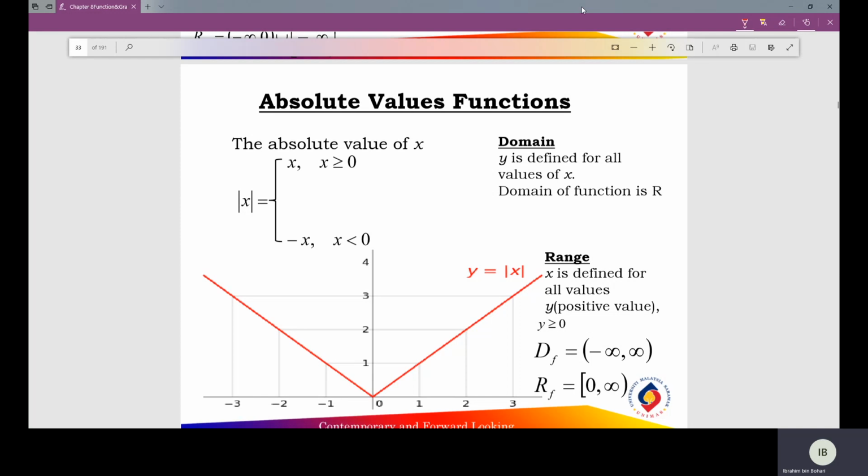Okay, absolute value function, when y or f(x) equals the modulus of x. The domain of the absolute value function is defined for all values of x, so the domain is all the real numbers, from negative infinity to positive infinity.